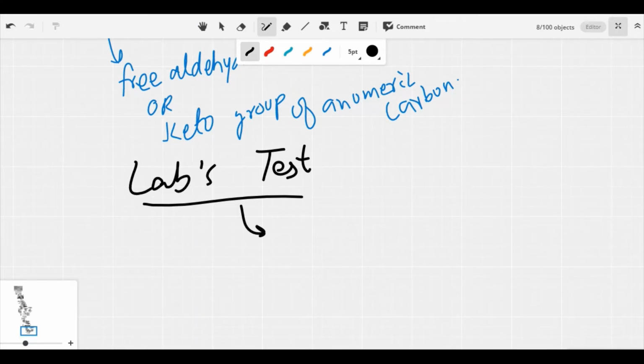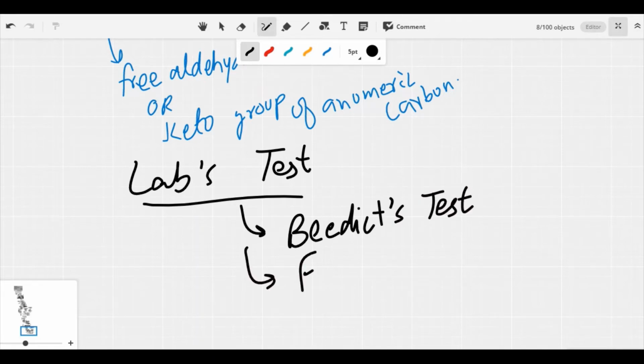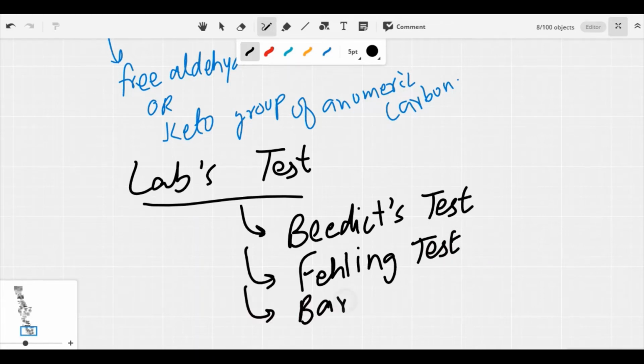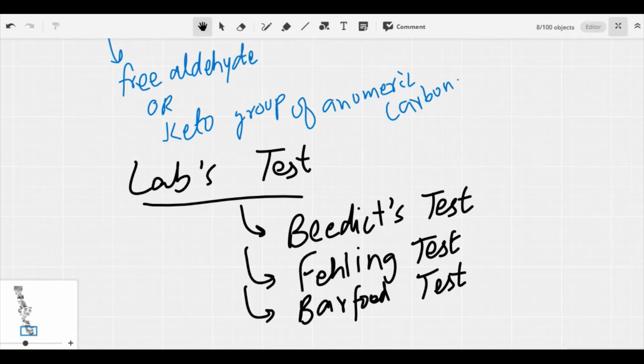These include the Benedict test, the Fehling test, the Barfoed test, and many more.